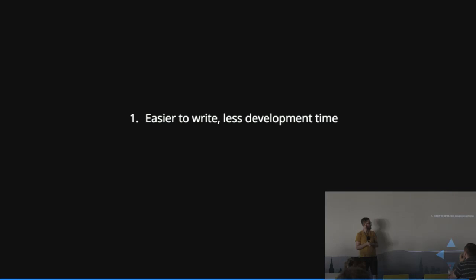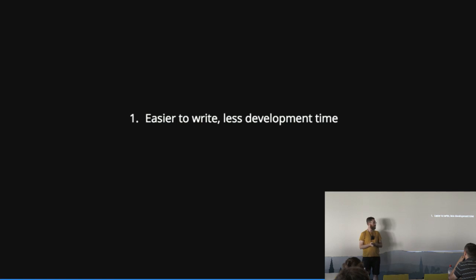So first of all, it's easier to write, so you will have less development time, which means you can spend more time doing other things. Well, Vasilis would probably just look at the ceiling for a while. Well, I would focus on accessibility or creating new functionalities for the user.